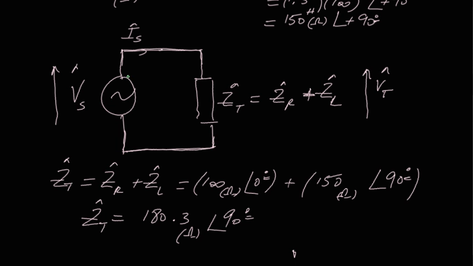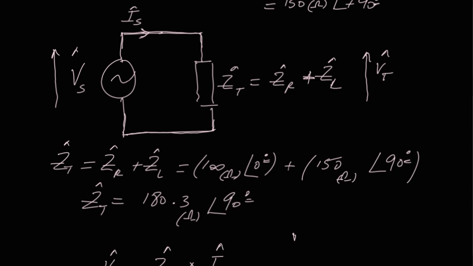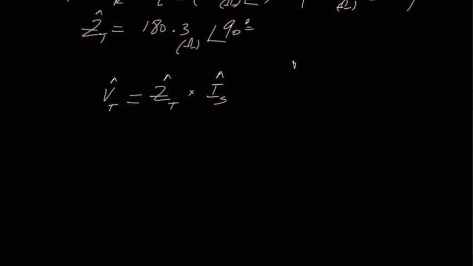Okay, so we can simply say that according to Ohm's law, Vt, the voltage across ZT, equals the impedance itself times the current that flows through it, which is Is. Why Is? Well, because there's only one component, and that's the current that flows through it.